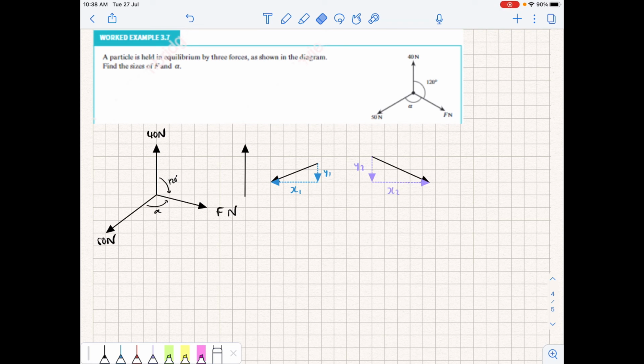We could keep the line of action horizontal and vertical, but the force that we're trying to solve is force F, and in order to make our lives easier, we're going to resolve with the line of action being perpendicular to force F. All right, and so I'm just going to draw that in quickly.